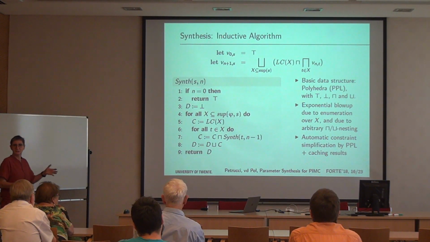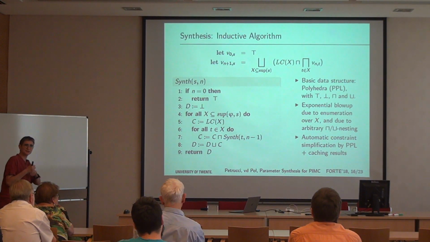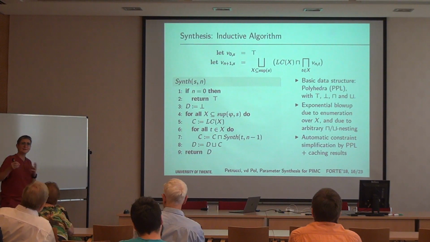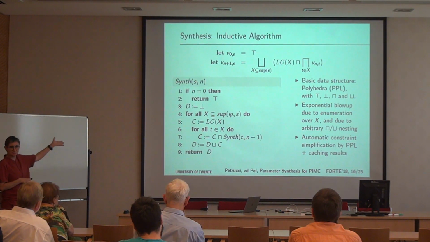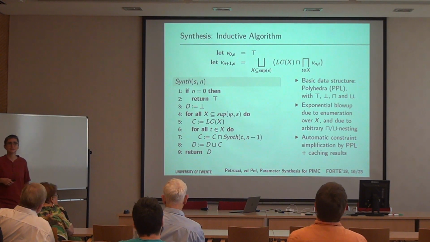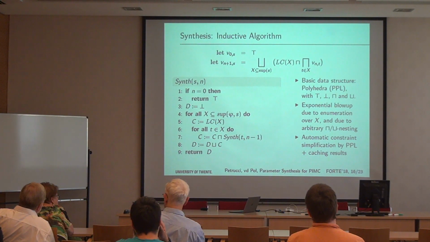So I can take, it was in the very first example, there was something where I was looking at the transition from 0 to 1, and then the transition from 0 to 2. And there are two possible X's, and I have to look at all cases, right? So I have to examine all subsets of the support base.